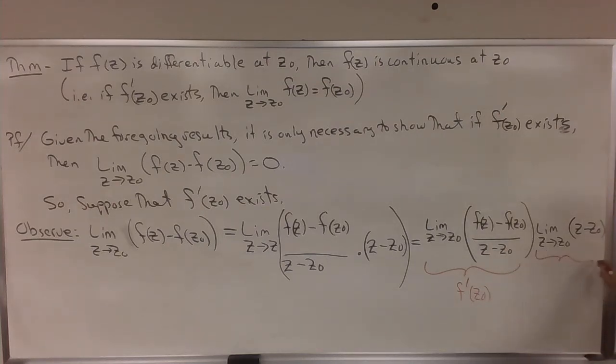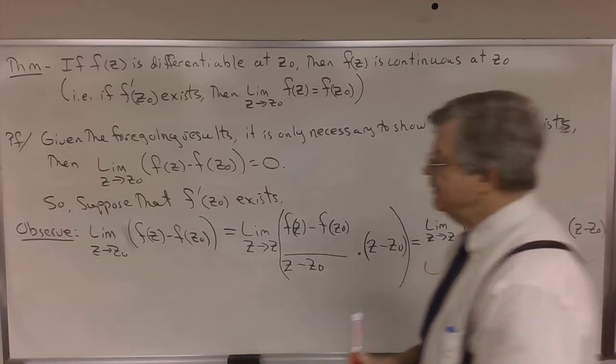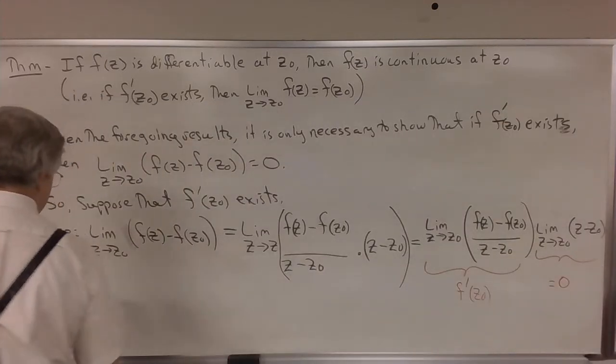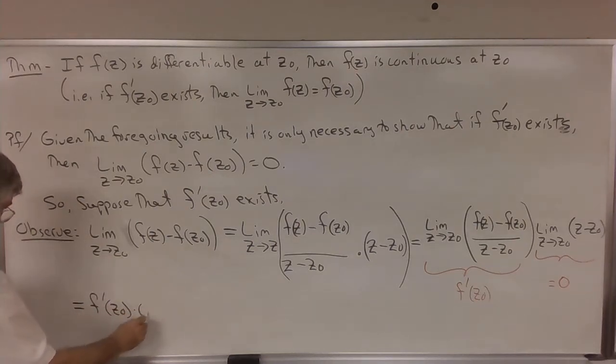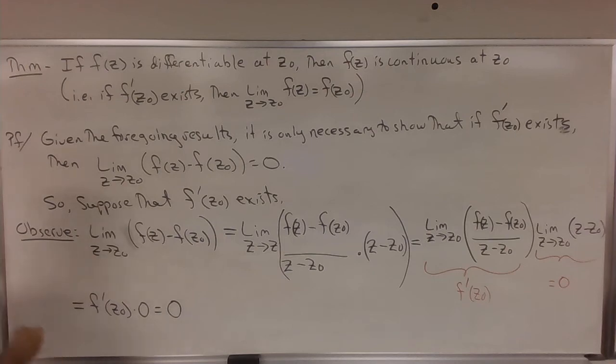And this thing is going to be equal to 0. This is a polynomial, so we can plug in z0 for z, and we get 0.